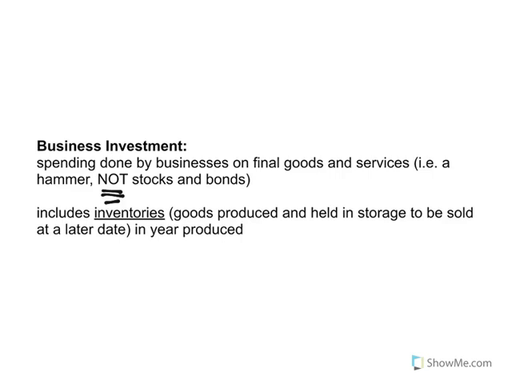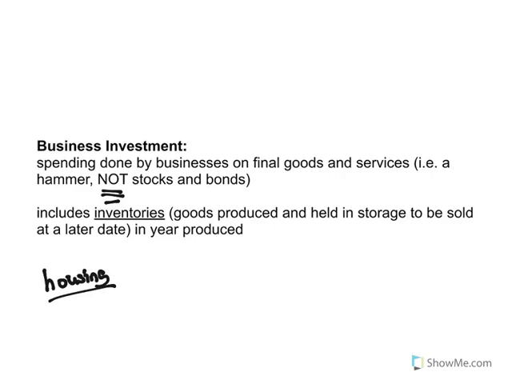Another one that I'm going to go ahead and mention here is housing. So if someone buys a house, that is considered investment spending because people tend to sell their houses later. So a new house being bought and sold, that is investment spending. Now, if it was a house that had already been produced or built in a previous year, then it would not be counted for the year it was sold.